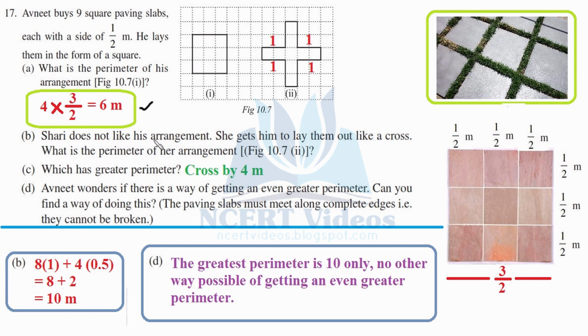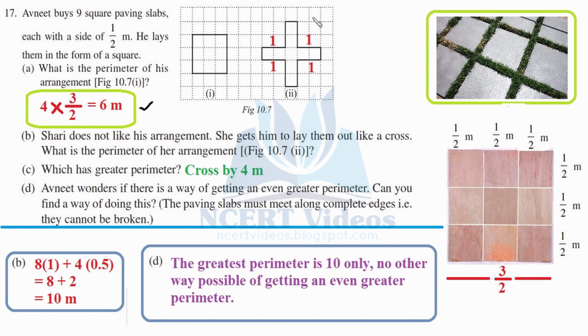Now Shari's arrangement, how she laid it in the form of a cross. So you can see, if you take these two slabs, or these two paving slabs, now half plus half is what? 1. Okay, then its perimeter is 1 in this case, therefore 1 is written. Similarly, we have 4 such things also, for these 1, 2, 3 and 4, and these are half here and half on the other side. 2, 3, 4, again 4 times half.